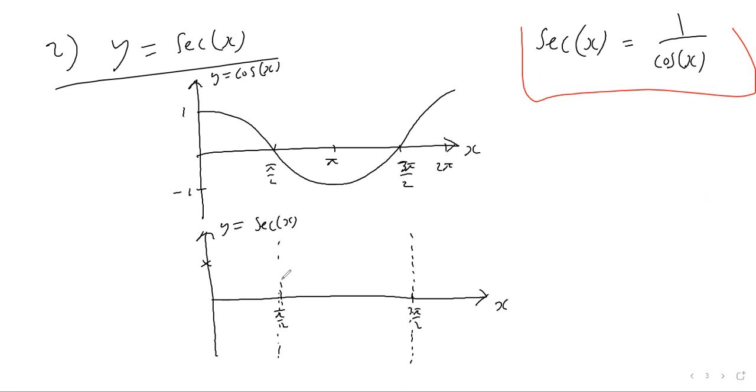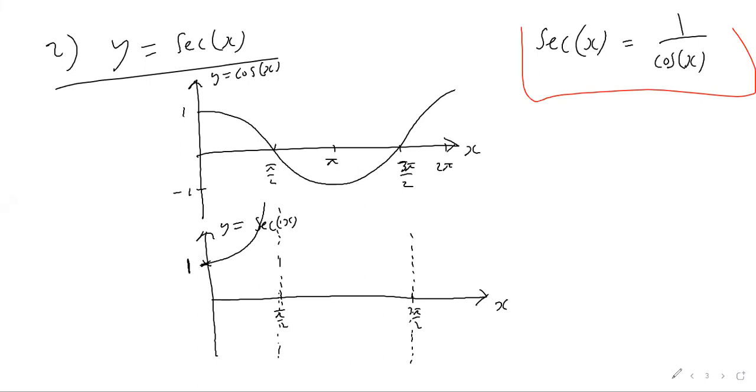So all these odd numbers times pi over 2 will be your asymptotes. And what's happening with this graph is it's going upwards until it asymptotically approaches the asymptote. And then down here, obviously this is the coordinate 1, because 1 divided by 1 is 1.